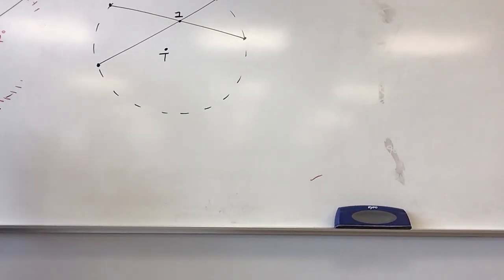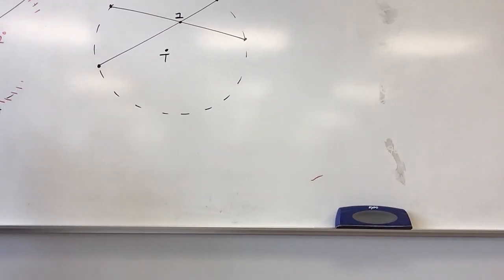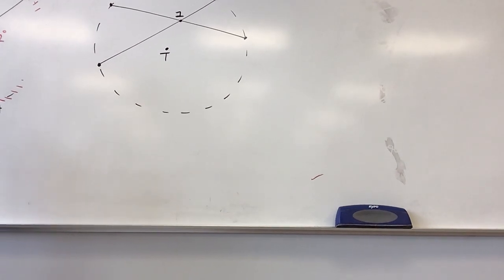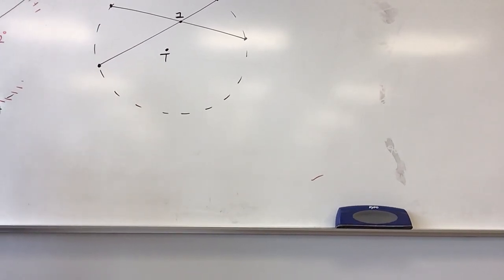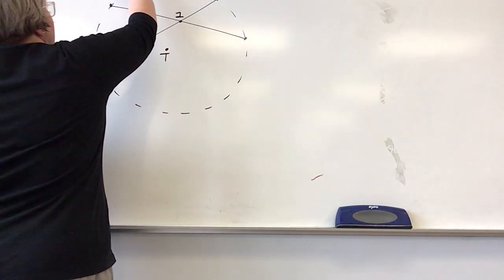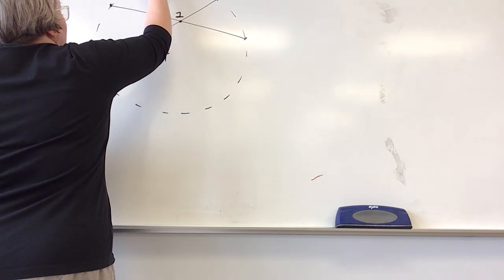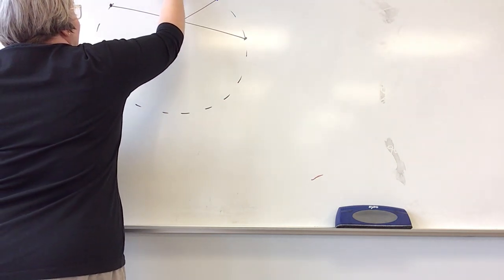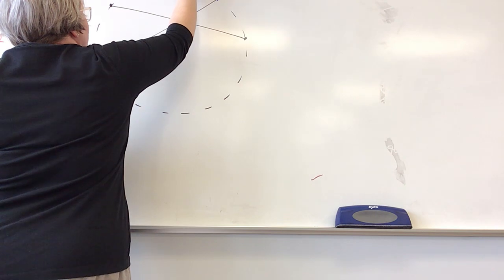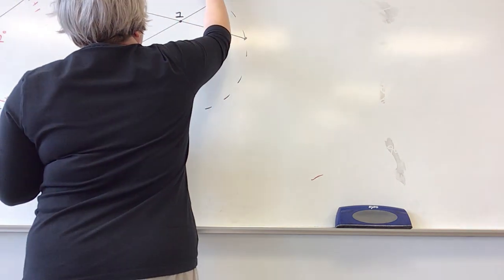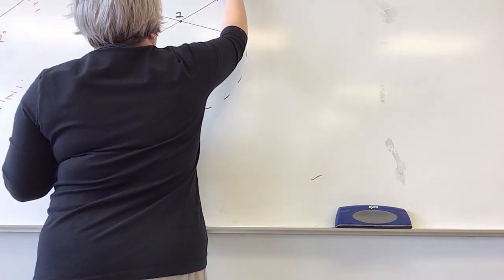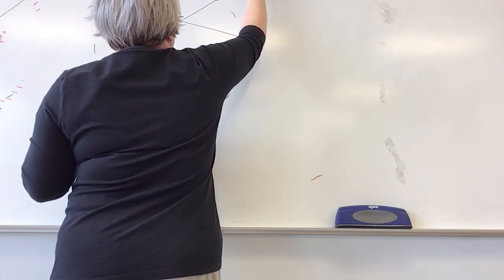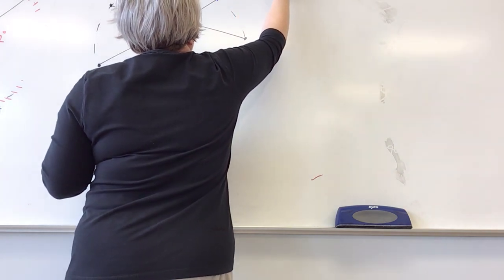So where would my vertex be? I call it floating inside. Does that sound good? Okay, so vertex floating inside, not on the center.